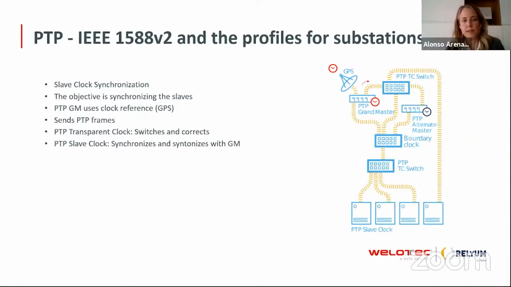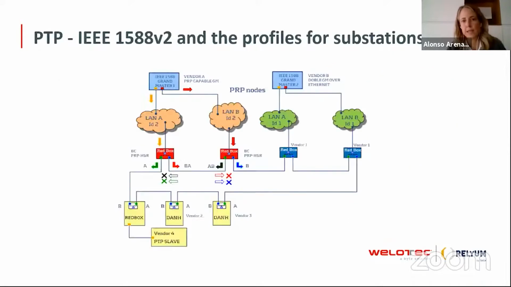So once I've been reviewing the most important concepts of HSR and PRP, let's go to the next slide, which is very significant because it shows how the standard covers different topologies and different aspects of redundancy. Here we have an example with two PRP networks, ID1 and ID2. Each network has a different grandmaster reference.